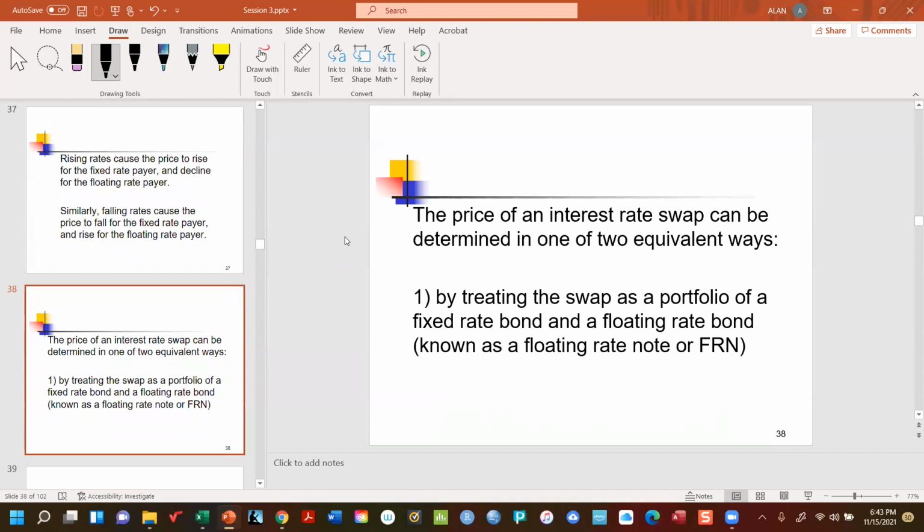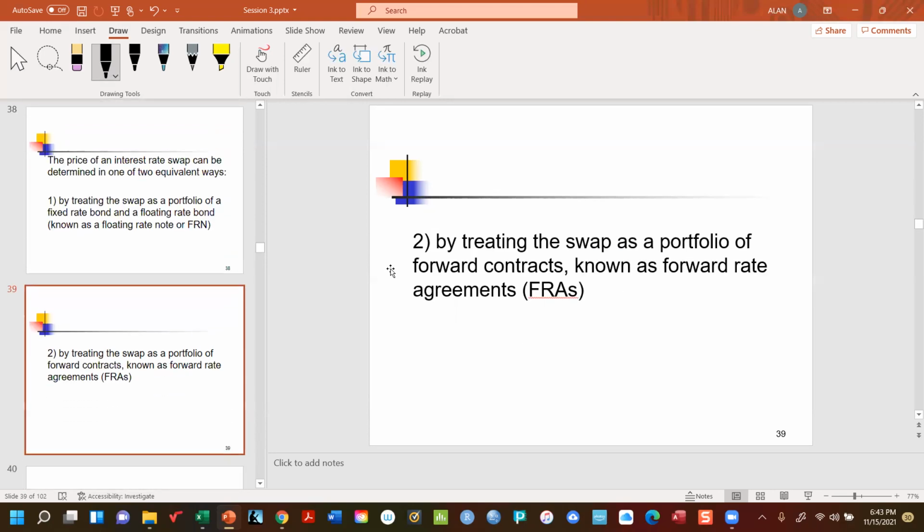All right. Now, it turns out, like I was saying before, there are so many different ways of getting to the same results in finance, but there are two equivalent ways of pricing an interest rate swap. We can treat the swap as the exchange of a fixed rate bond for a floating rate bond, or we can treat the swap as a portfolio of forward contracts written on interest rates.